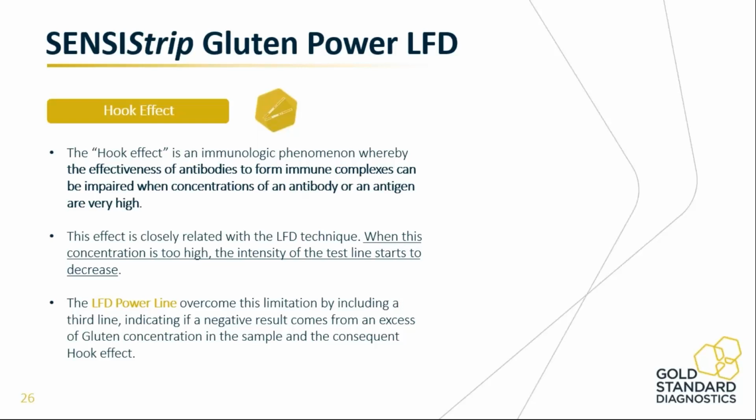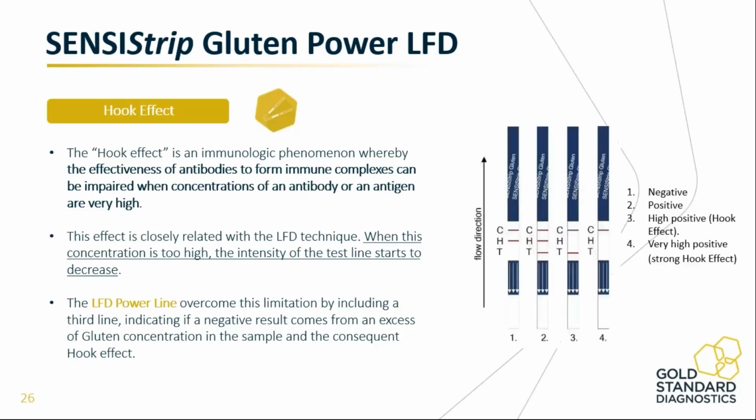So with the new LFD power line, we overcome this limitation by including a third line, indicating if a negative result comes from an excess of gluten concentration and the consequent hook effect. So how do we interpret the results in this kit?